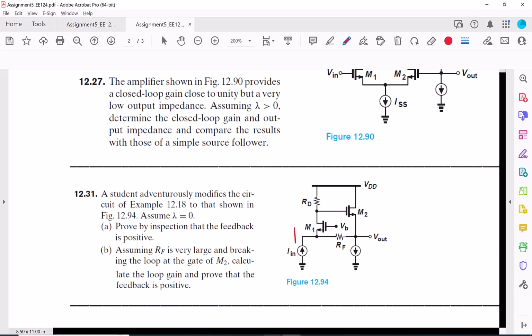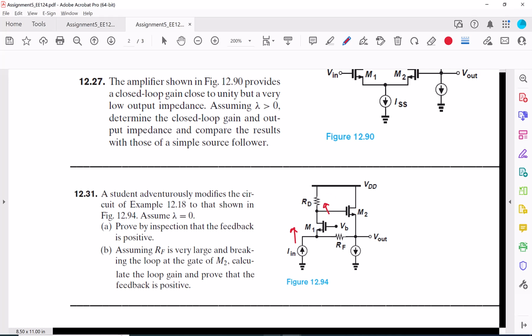I start from here, I say this one goes up, this one goes up. Then which node should I look at to see its effect? The drain will go up, yeah, the one above it, you're right.